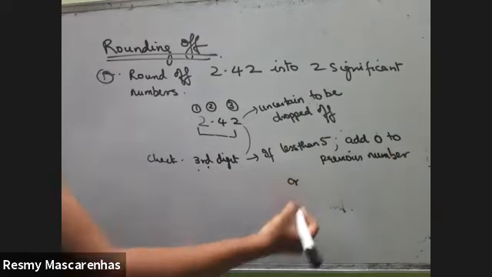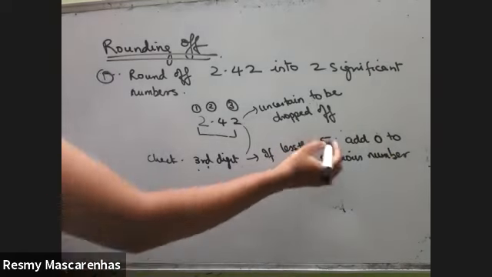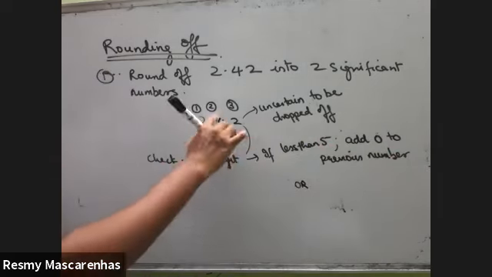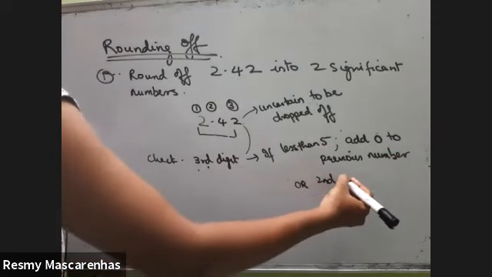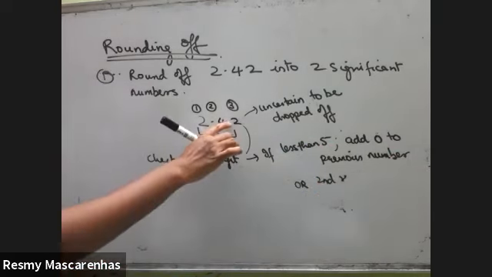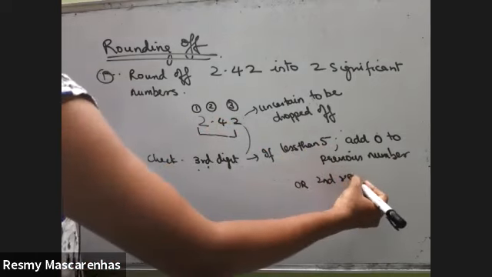What does it mean? The second digit remains the same. Adding 0 to the second digit means it will remain the same.